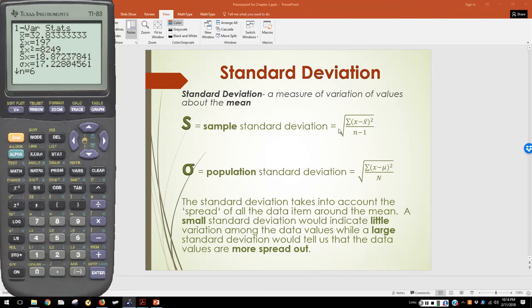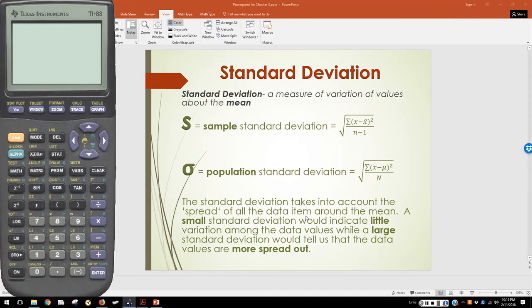But because we square those, we have to take a square root to remove the enormous amount of change that we introduce by making those numbers so large by squaring. The only difference in the standard deviation of a sample and the population is that for the sample you divide by n minus 1, whereas if you have the population, you're not going to subtract that 1.